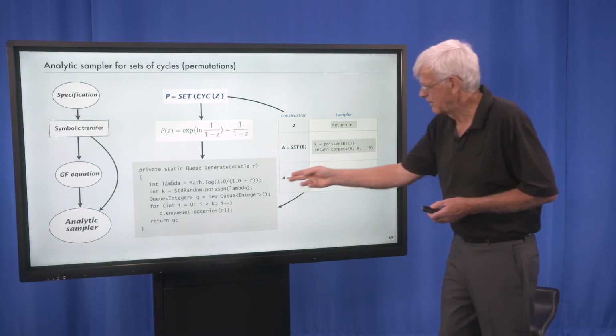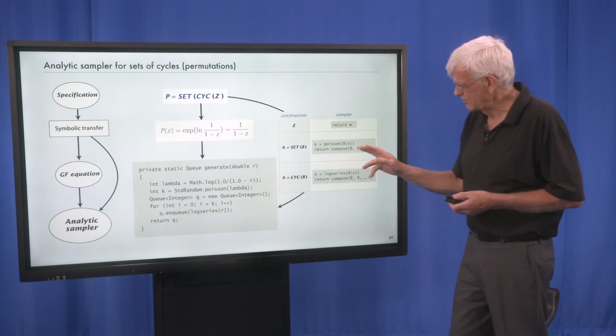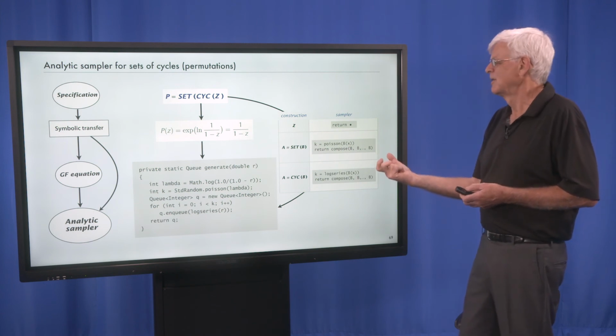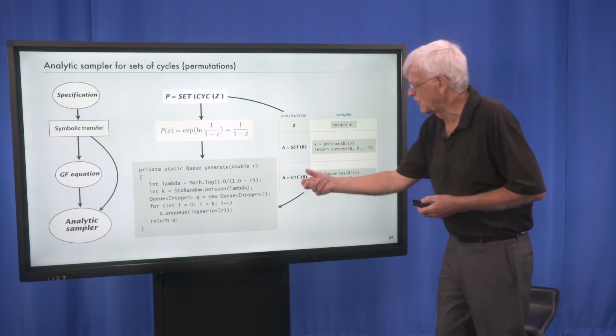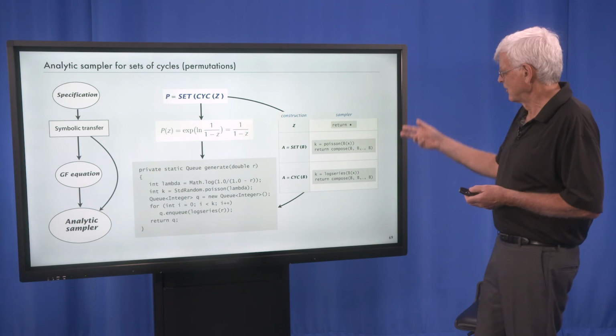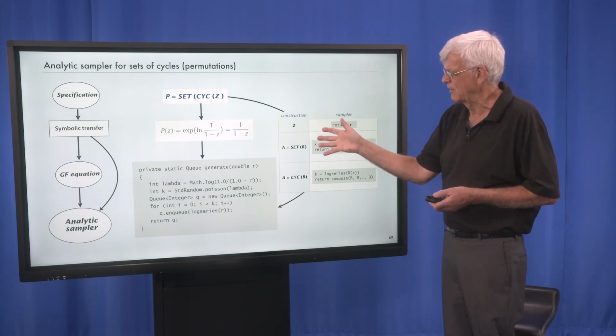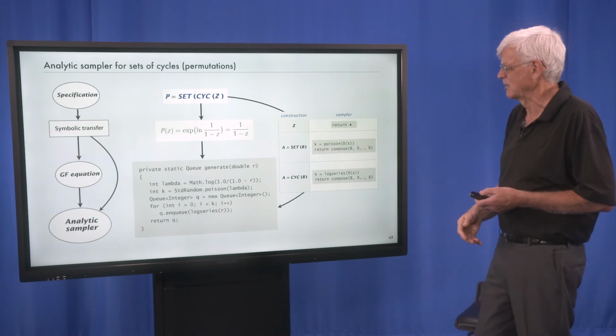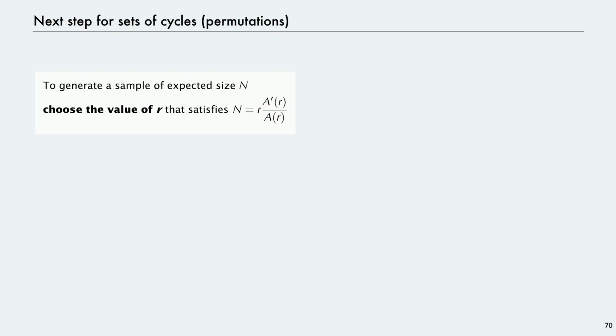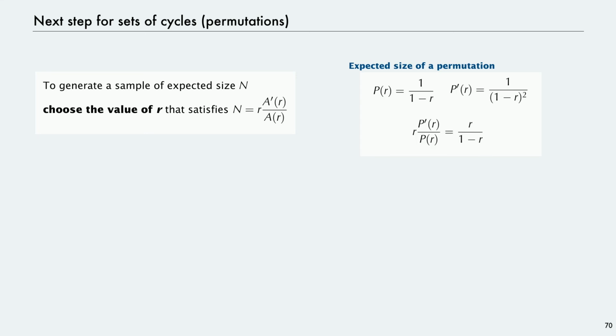And then we put that many instances of a cycle. And how do we get the cycle? We do a log series. So the constructions immediately give the code for the analytic sampler. And again, we have to choose the value of R that satisfies the size, and the calculation is straightforward.